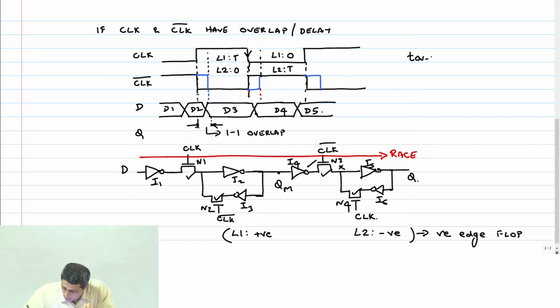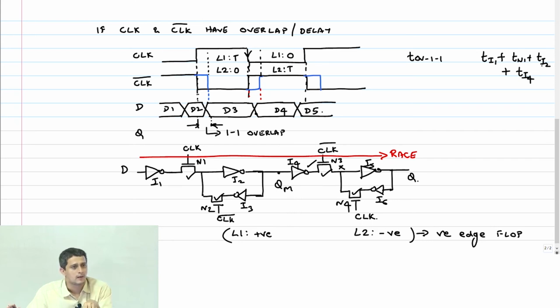T overlap 1-1 should be Ti1 plus Tn1 plus Ti2 plus Ti4.